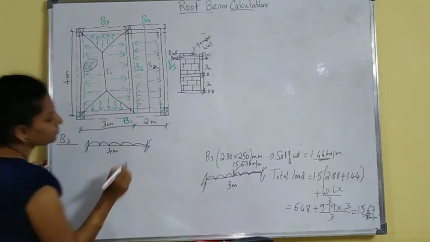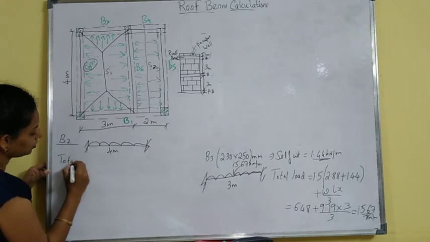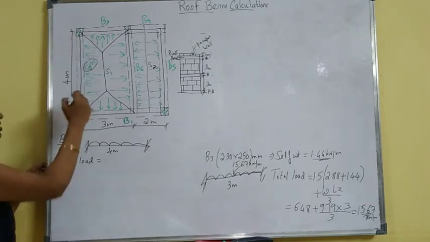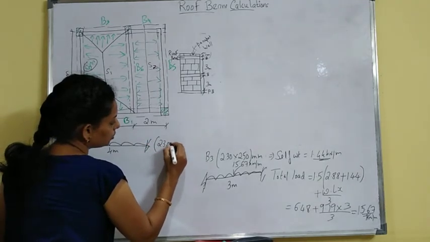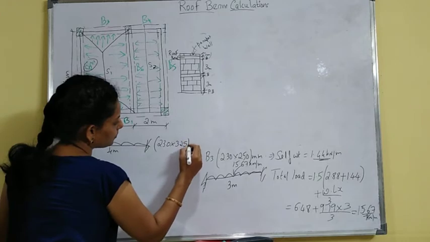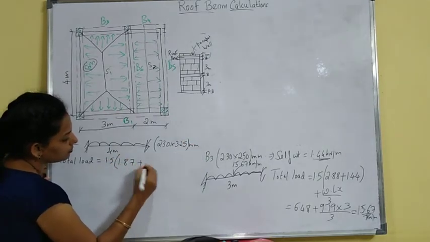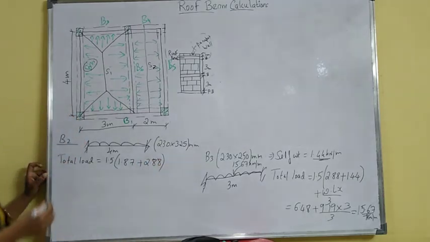This is 4 meter. Here what all load do you have to consider? The total load will be equal to the self weight of this beam. The beam size is 230 by 325 mm, so 1.5 into 1.87, plus the wall load we found as 2.88 for the parapet wall.